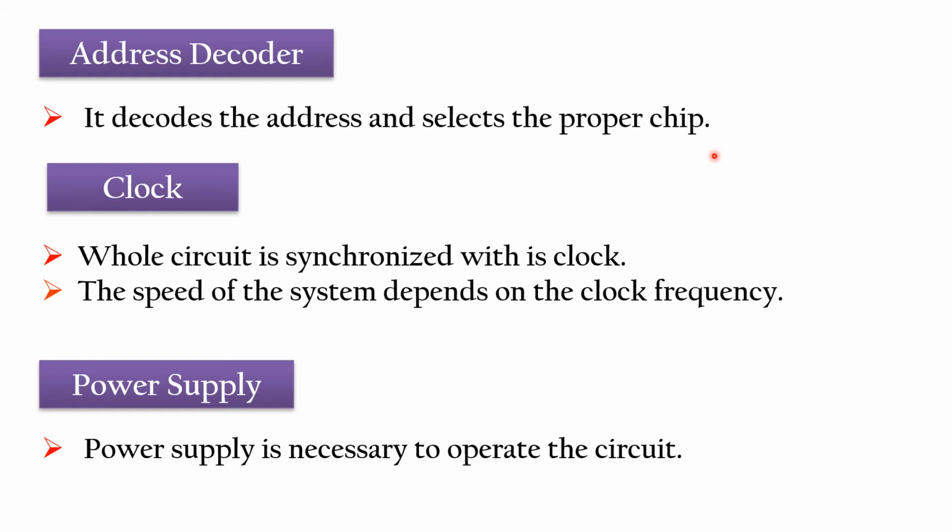Clock: already we have seen that the whole circuitry is synchronized with the clock. The speed of the system depends on the clock frequency. Power supply block: power supply is necessary to operate the circuit. We have different ICs, and for that the power supply is necessary. Clear? So these are the blocks.